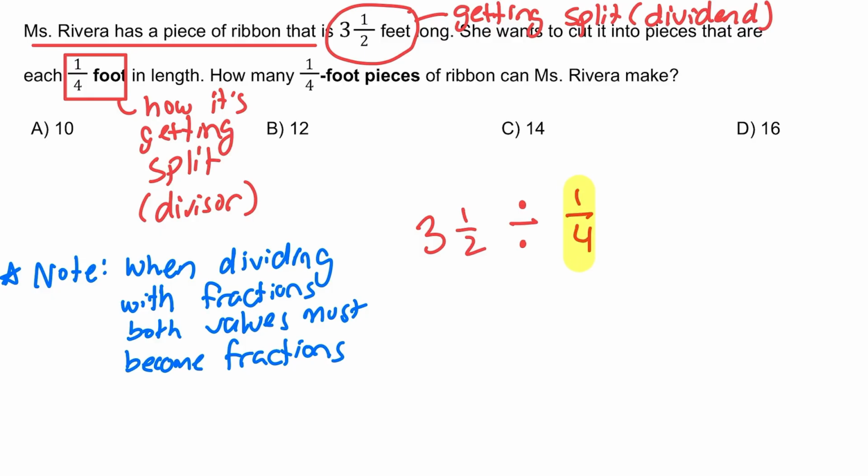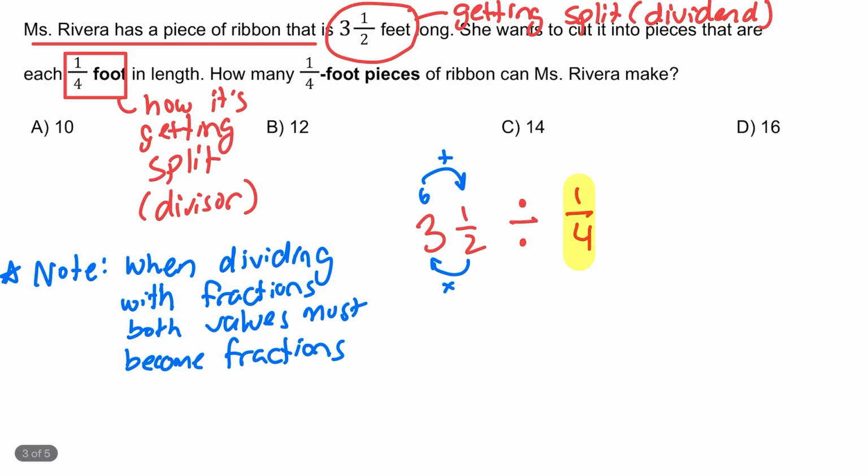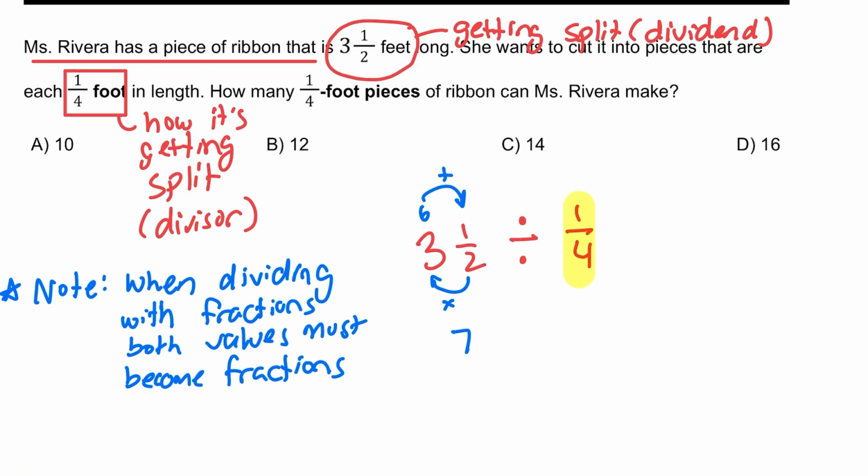But this value here, we're going to have to turn 3.5 into an improper fraction. To do that, we're going to multiply the denominator here times the whole number, and that will give us 6. And then we're going to add the numerator to that, and that's going to give us 7. And our denominator will stay the same. So we're going to make it 7/2.